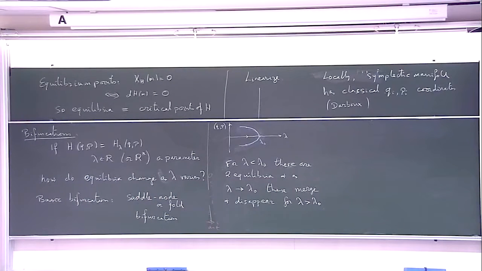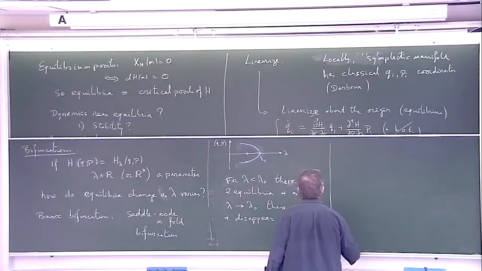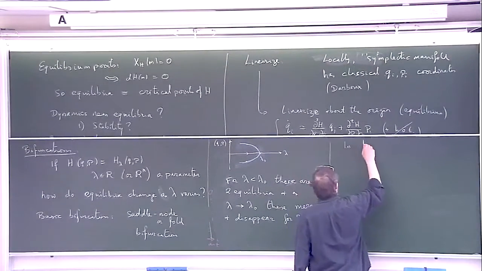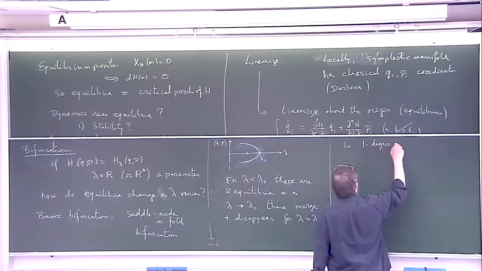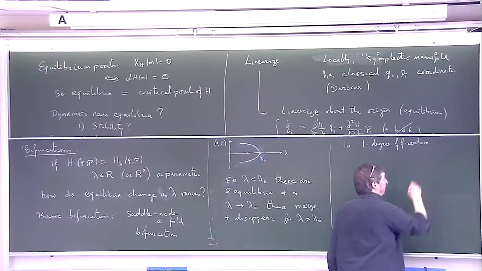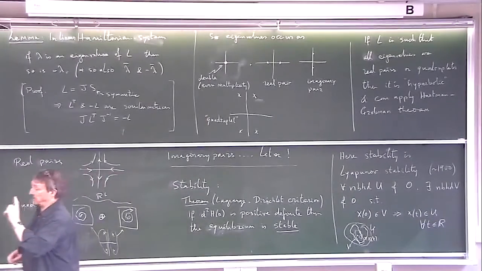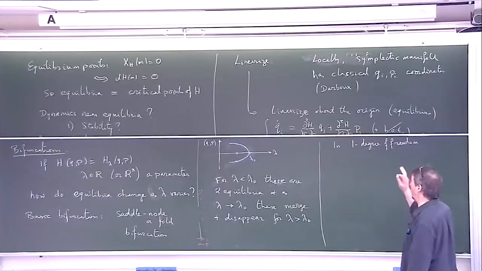But then there are questions we can ask. So essentially this is a phenomenon that happens with 1 degree of freedom. I mean, it can happen in n, but the degeneracy, and I'll say why in a minute, is really about 1 degree of freedom.